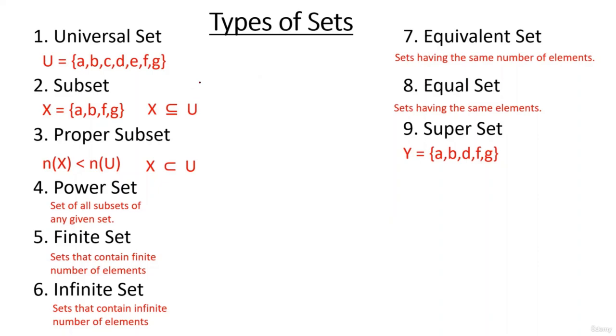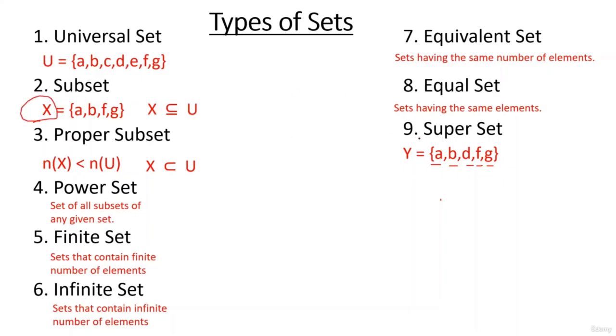okay, superset basically क्या होता है? Suppose if I take a set y as an example, y has a, b, d, f and g in this case, right? So y को भी हमने derive किया universal set से, right? And हमने x को भी derive किया universal set से, right? Isn't this the case, right, guys? So both x and y we have derived from the universal set.